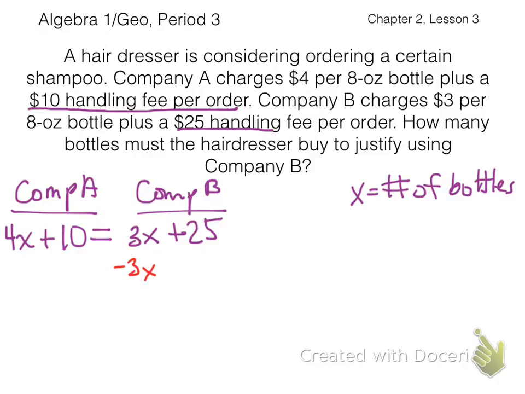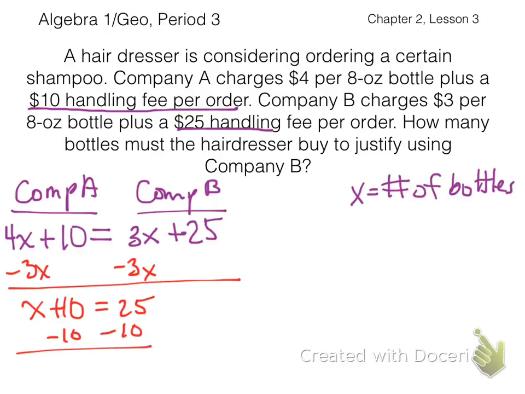We're going to minus 3x, minus 3x. That gives me 1x plus 10 is equal to 25, minus 10, minus 10. x equals 15. So this is how many bottles it is for the 2 companies to be equal.